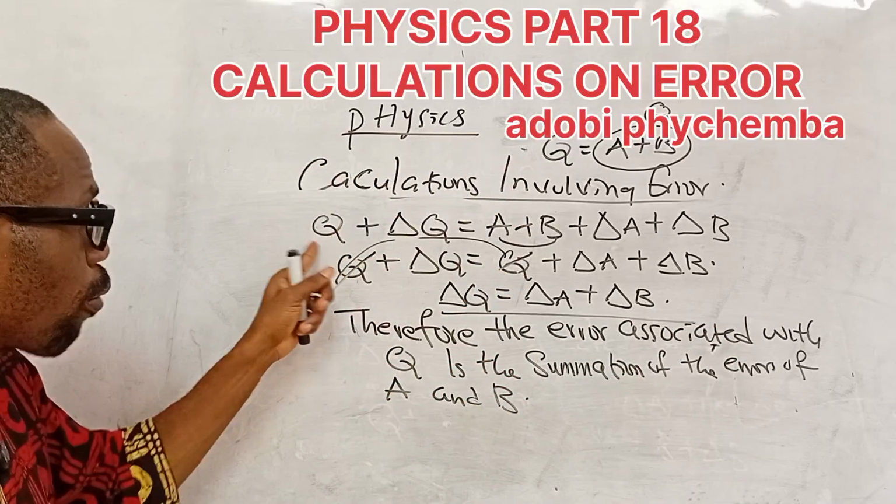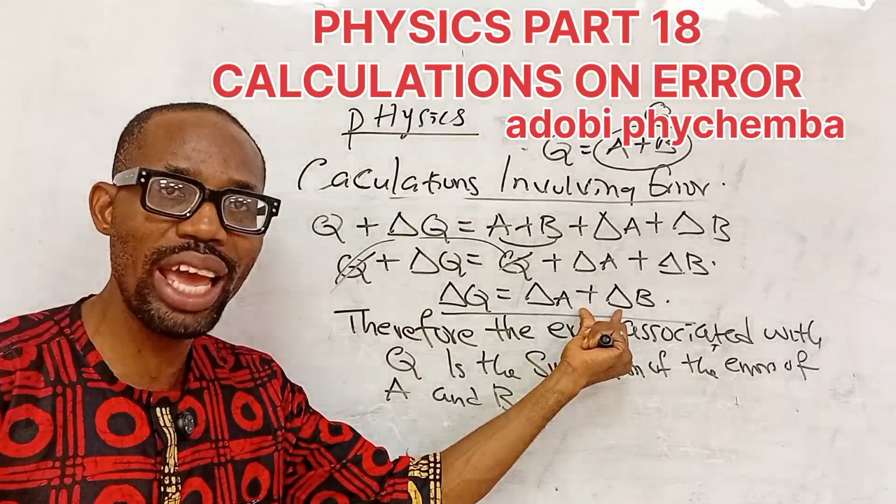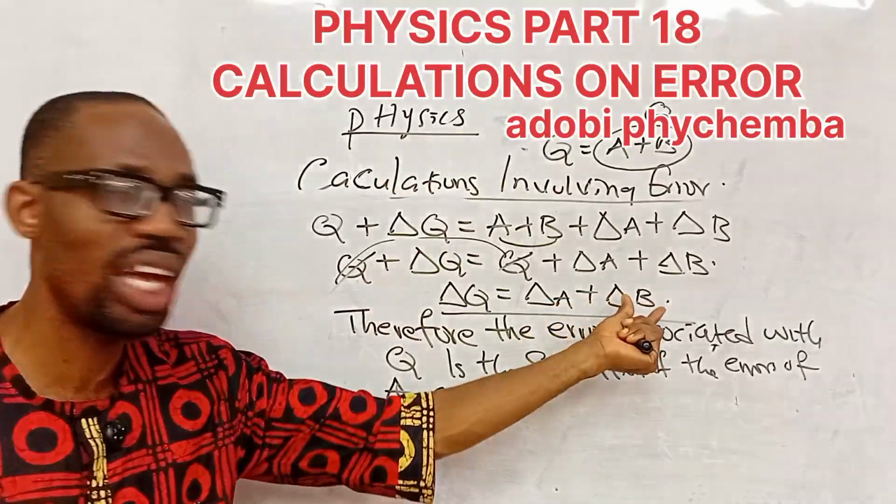So to get the error of Q, you have to sum the errors of A and B. That's the meaning of this change in A and change in B.